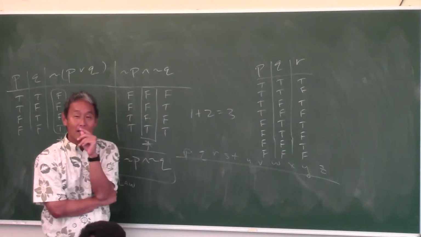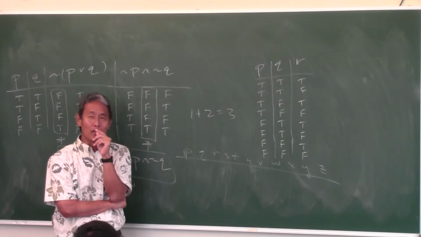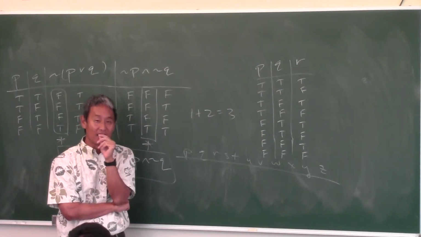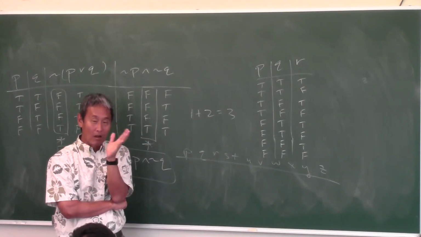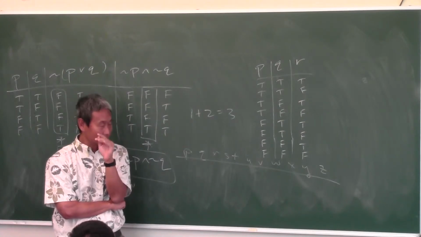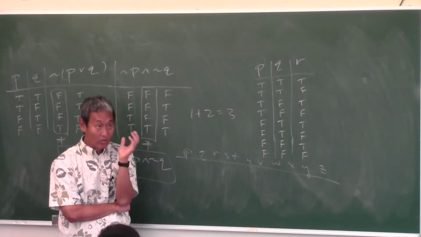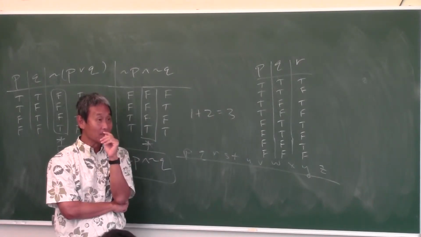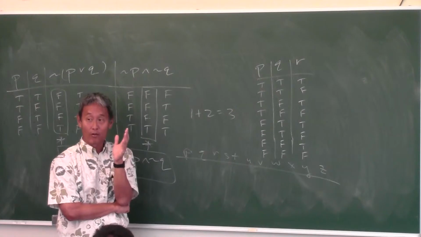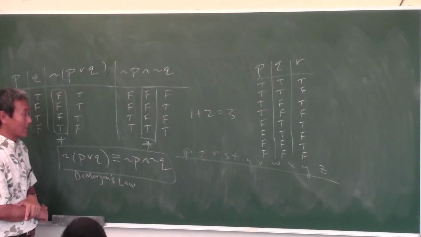There's 11. So 2 times 2 times 2, 11 times, is 2 to the 11th. Now we all know common knowledge, 2 to the 10th is 1024. That's a number you should know. So therefore 2 to the 11th is 2048. Okay, there are 2048 lines in this truth table.